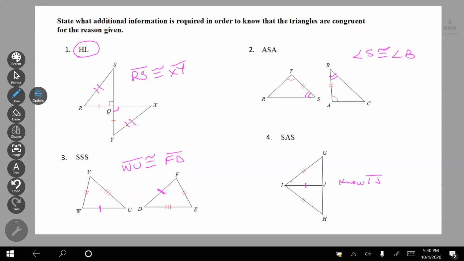So I need this angle here, I need this angle here, and because there's a couple things going on at that vertex I need to show that angle GIJ is congruent to angle HIJ.